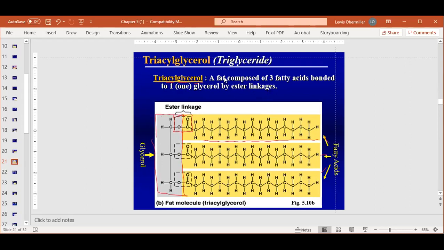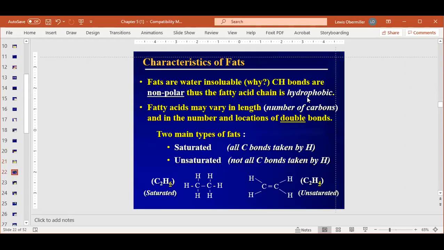So triglycerides, or technically triacylglycerol, is a fat that's made of 3 fatty acids and 1 glycerol linked together by ester linkages, which I don't really care if you know that or not, the ester linkage part.